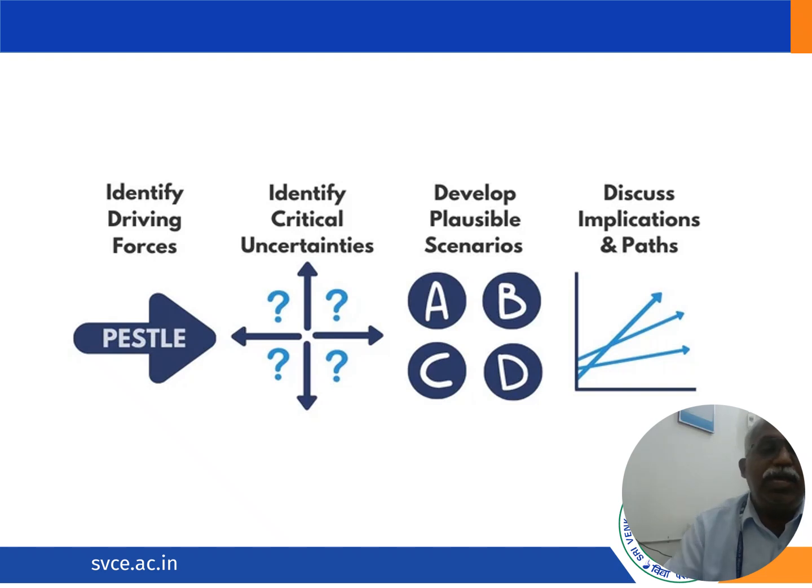Now coming to problem identification: identifying the driving force, identifying critical uncertainty, developing the scenario. While developing the scenario, we have different plans. Plan A, this is what I want to do.